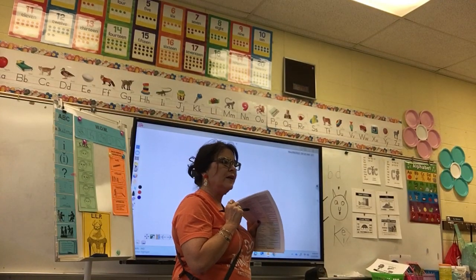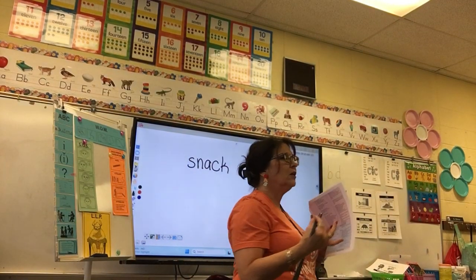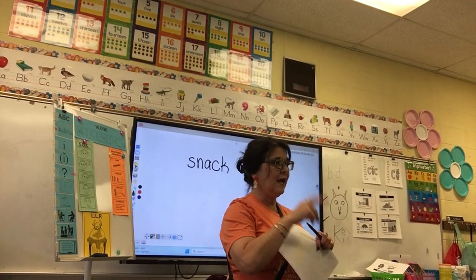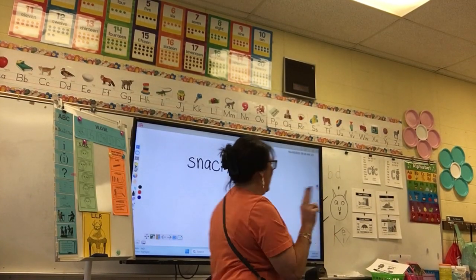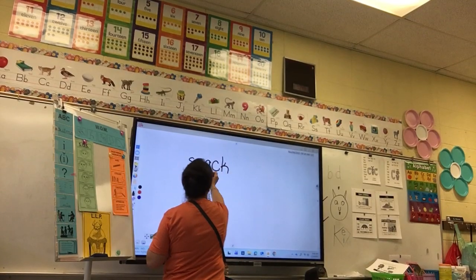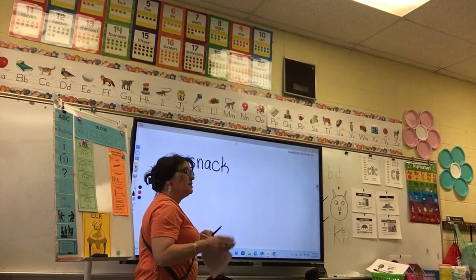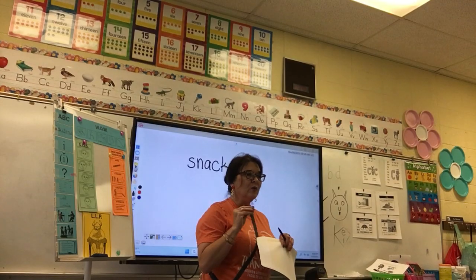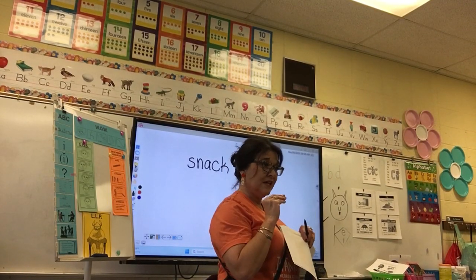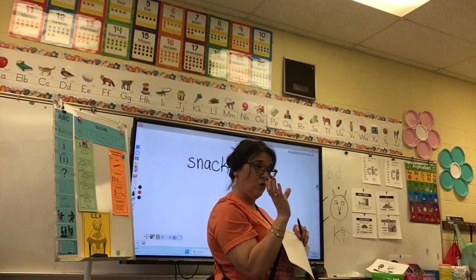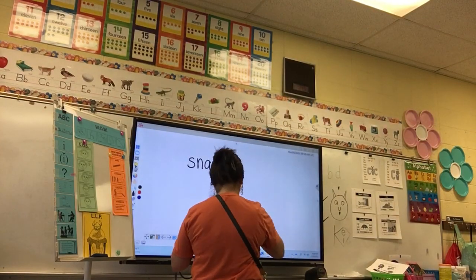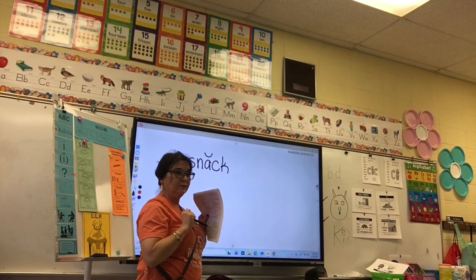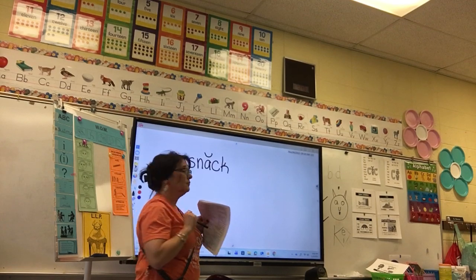Is it an open syllable or a closed syllable? It's closed because it has two or more consonants after the vowel. And when it's a closed syllable, what does the vowel say? It says its short sound. So it's short and we code it with a breve. So what else should I do to this word? Put a line on the CK.